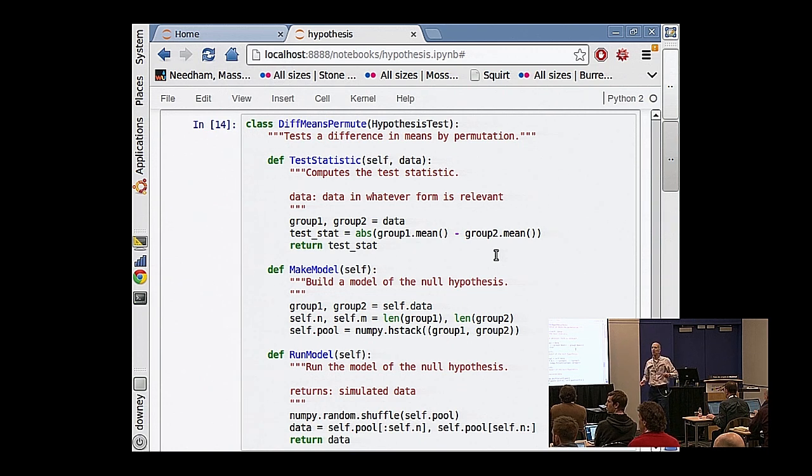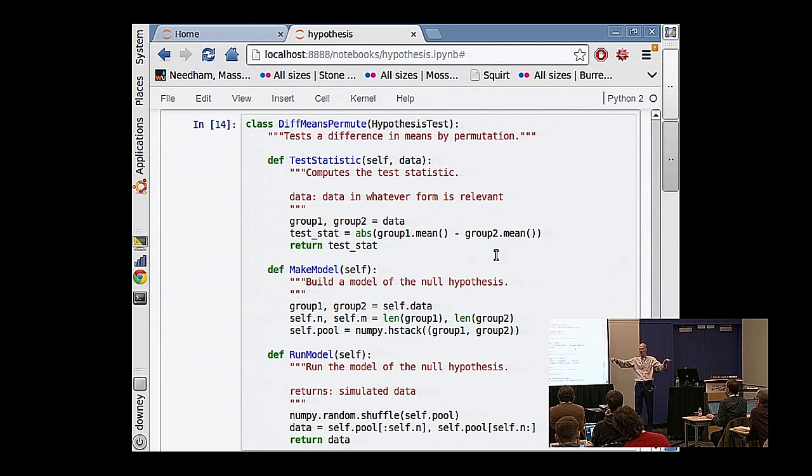Yes, sir? Good question. This looks like an error, but I think it's not. Let's double check it with me. So n is the size of one of my samples.